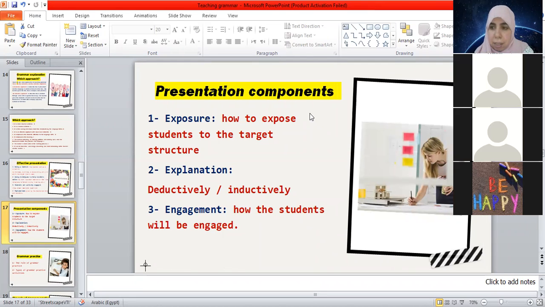I can read the grammar structure in a context, okay? So this is exposure. Students can see the grammar structure, can hear the grammar structure. I can ask them to listen to a listening track, a dialogue, not only written form. And they can read, okay? So this is exposure, in different ways.